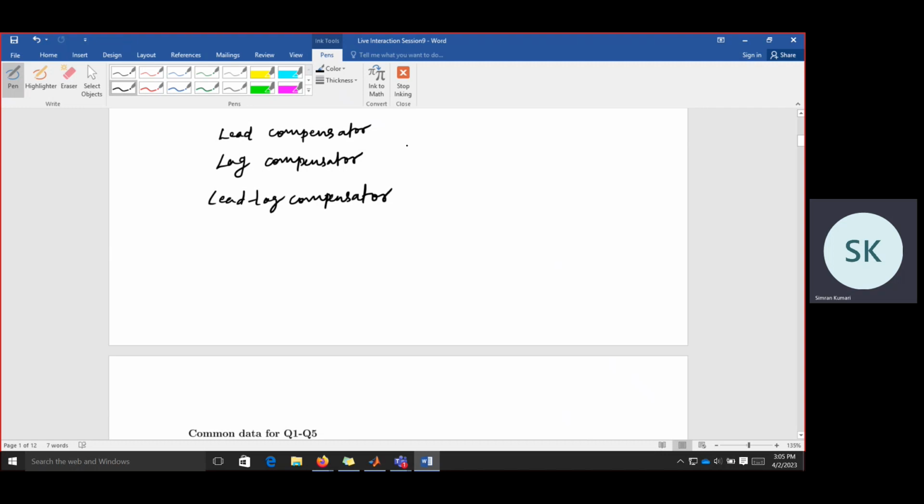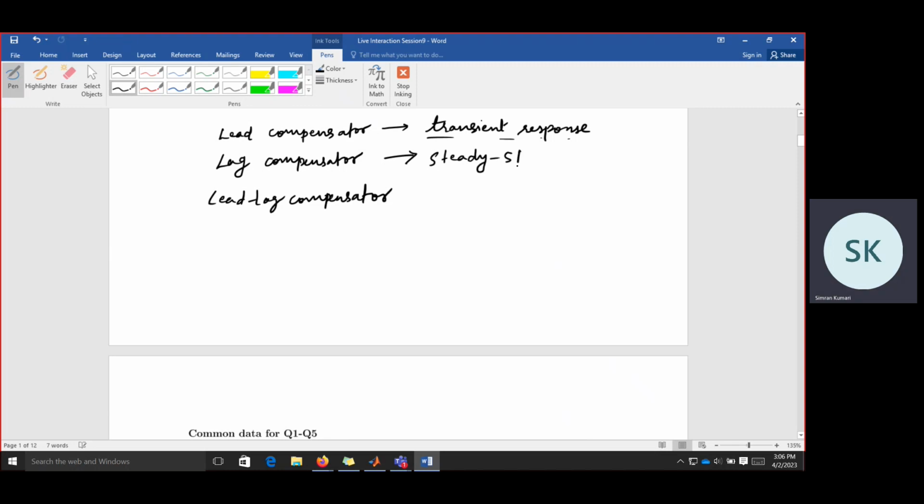And we had seen in the last problem solving session that the lead compensator is used basically for improving the transient response of the closed loop system. And once the transient response is achieved, if there is a steady state response that is required to be satisfied by the closed loop system, then the lag compensator is used.